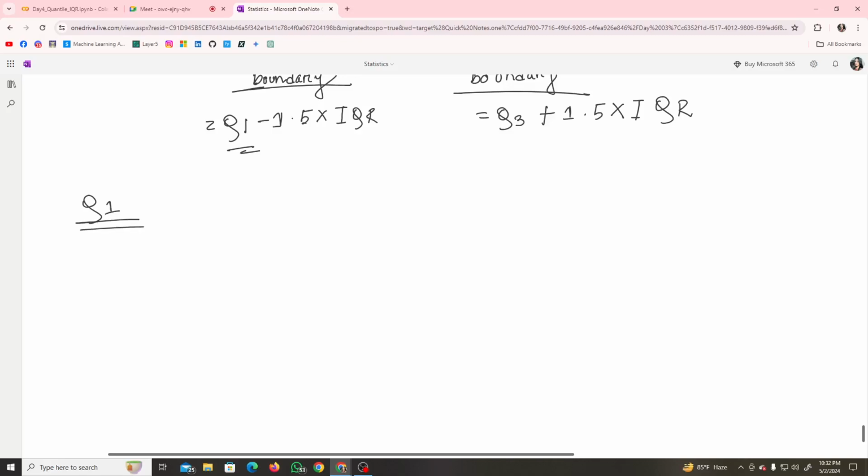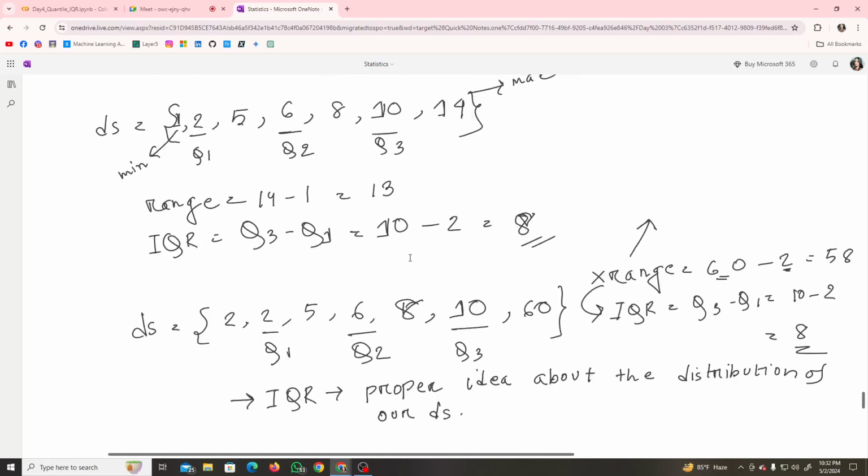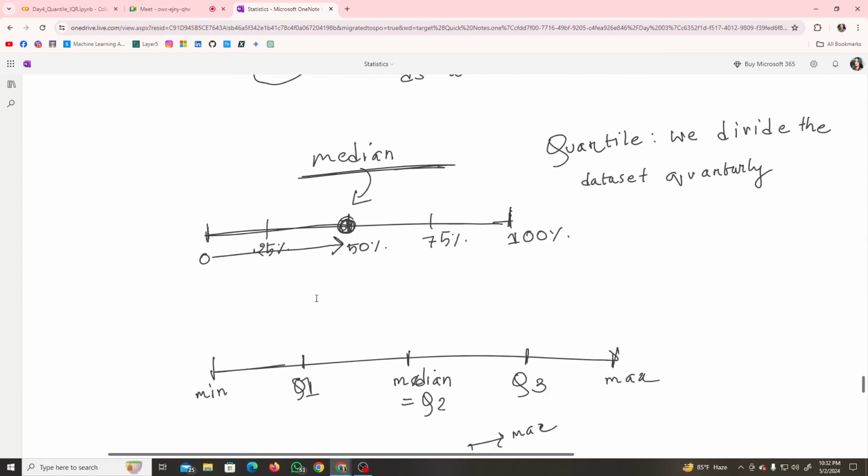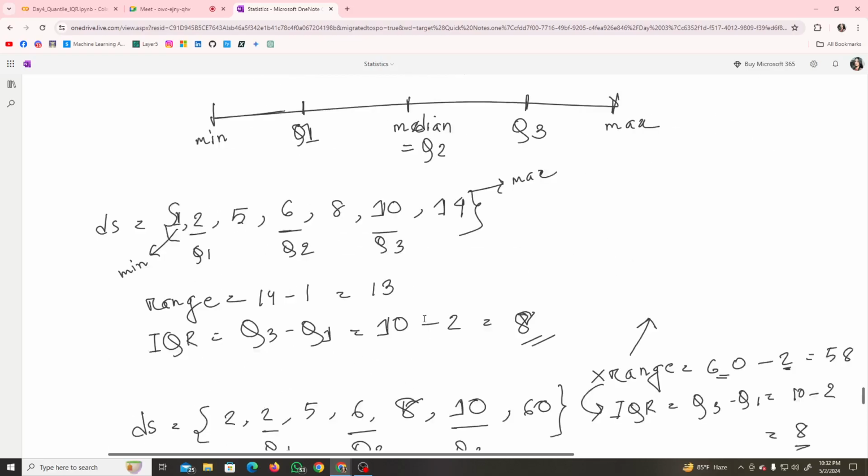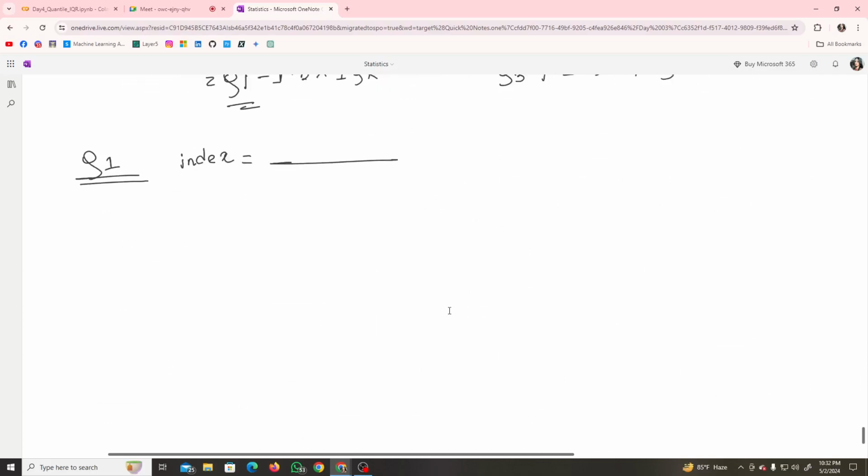So to solve Q1, first we have to find the index. The index is equal to the percentile over 100 into the total number of the data set, which is n plus 1. We know that below Q1, 25% of the data set is there, so the percentile will be 25% for Q1.